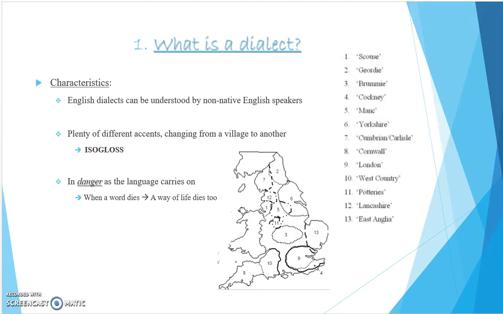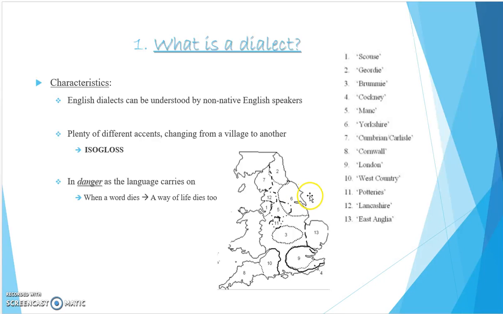As an example, we can take the sentence "now then", which in Yorkshire is pronounced like this. Now then. Yorkshire is here, number 6 on the map.